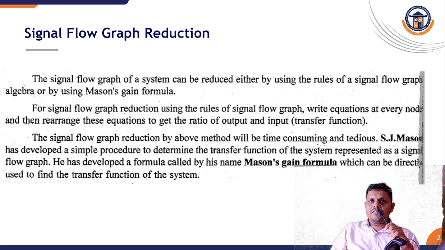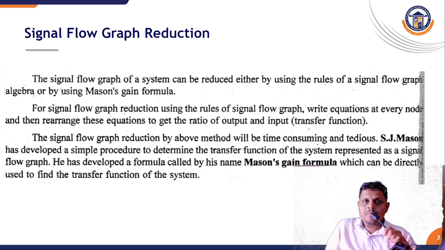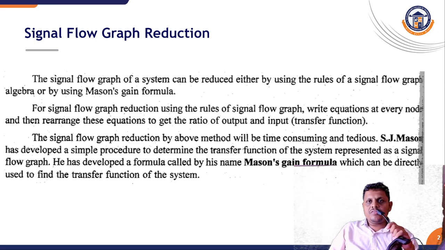First, write equations at every node, and then rearrange these equations to get the ratio of the output to input. So here we are going to find the transfer function. Signal flow graph reduction by the above method is a time consuming and tedious method.